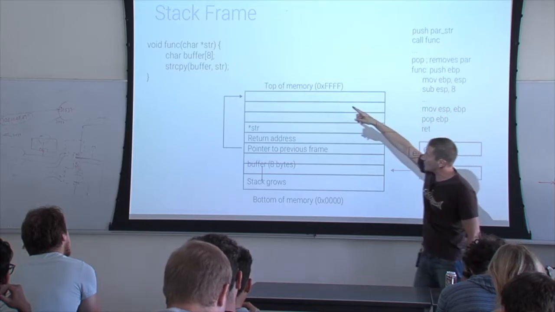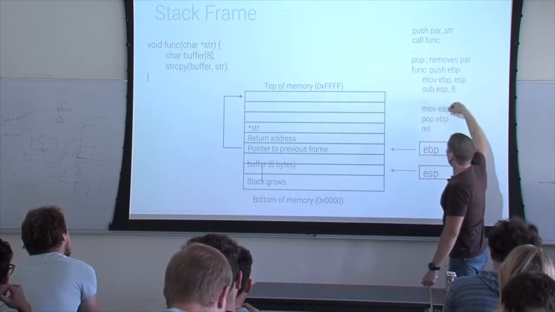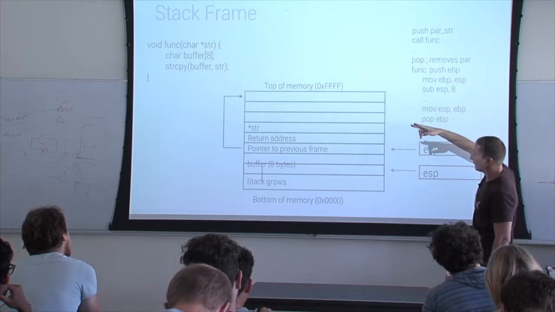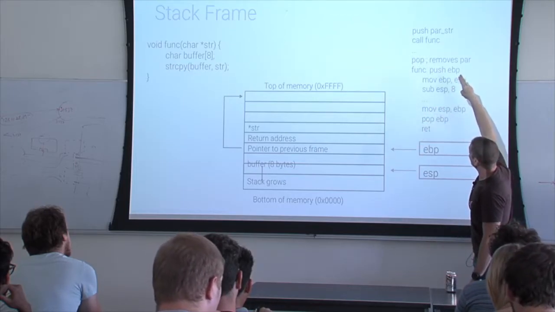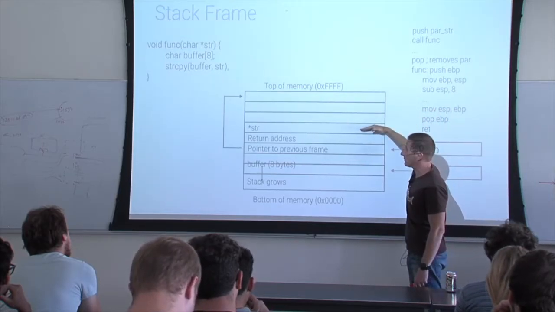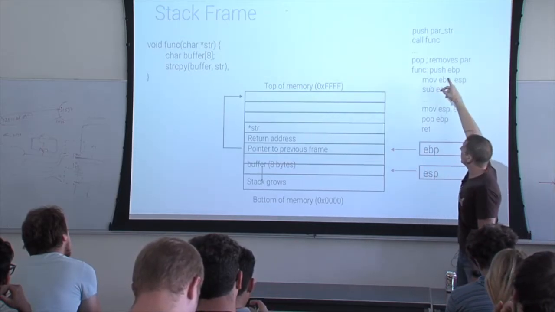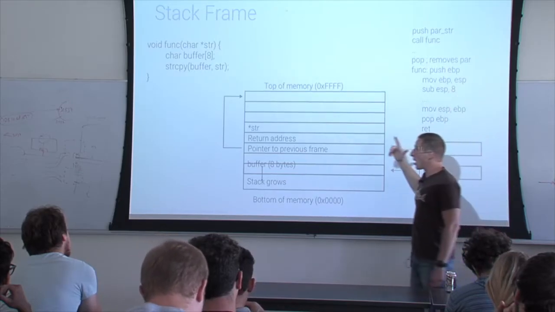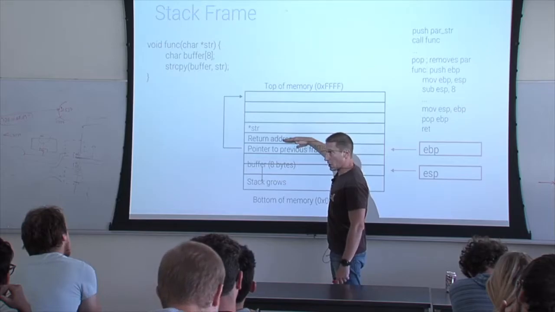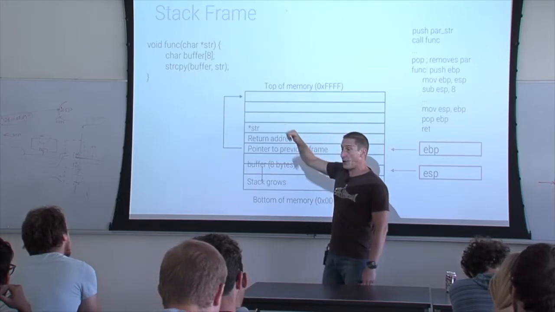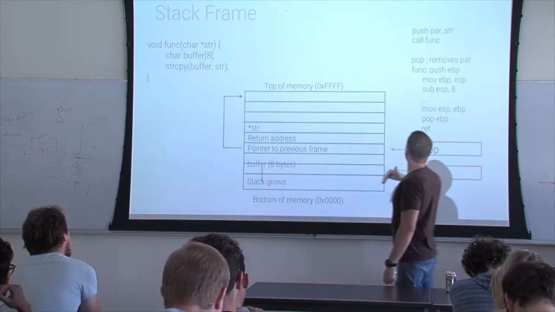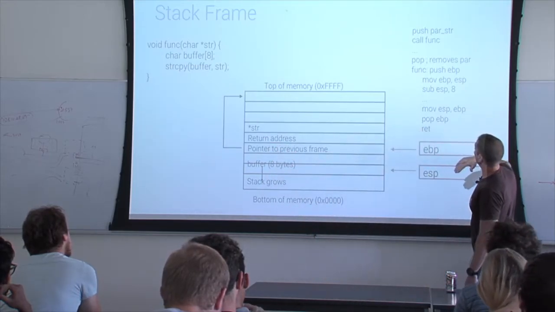That is the C code, but this is how main, or whatever function calls it, calls func. Push the parameter on the stack, so the string pointer is going to be here, okay, and then call the function. By calling the function, the return address is stored on the stack, and it jumps to the address where the function is, and the function starts being executed, okay?